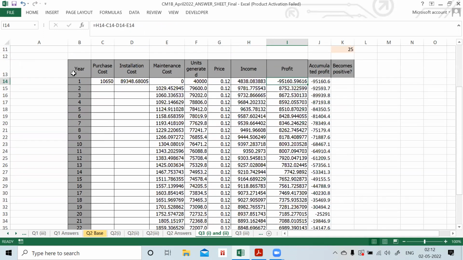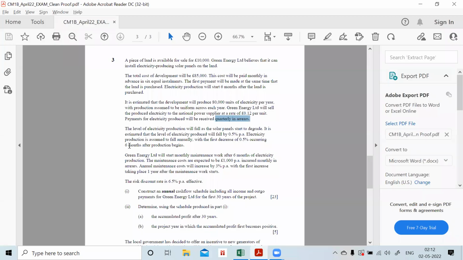And then we have the maintenance cost. Green Energy will start maintenance work after 6 months of electricity production, that is at the end of the first year. The maintenance costs are expected to be 1,000 per annum incurred monthly in arrears.